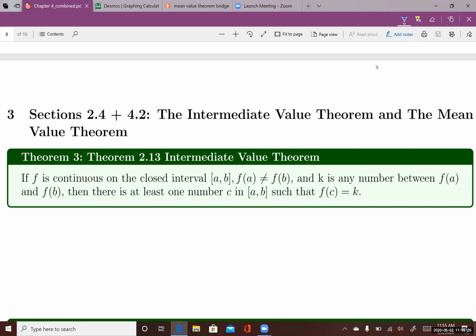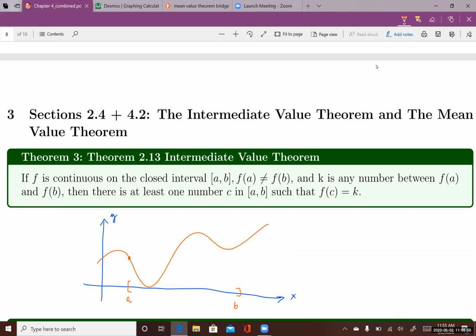So the theorem says, if you have a continuous function f of x on a closed interval from a to b, let's draw it. Okay, this is a and this is b.